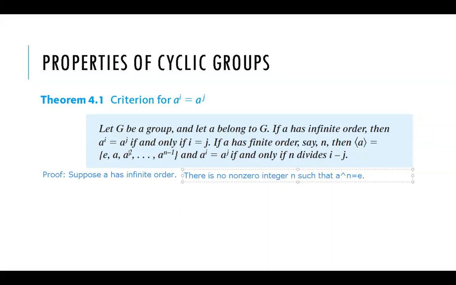Now, since in the proof we have to show that A^i is equal to A^j if and only if i is equal to j.